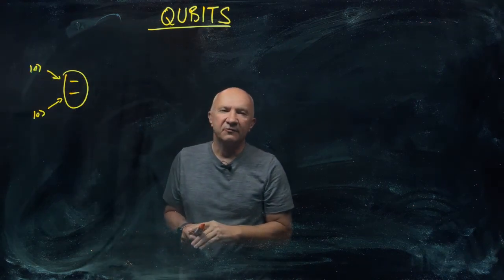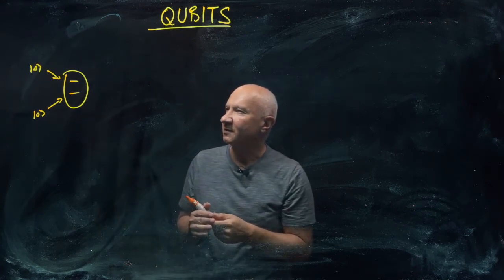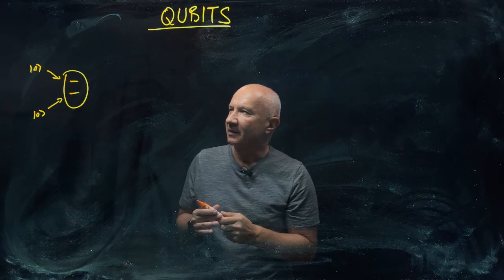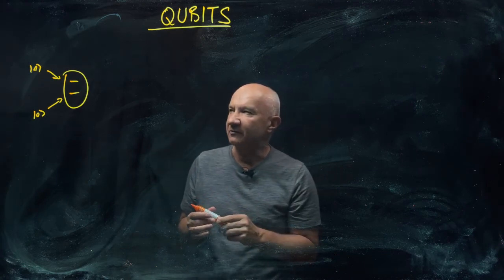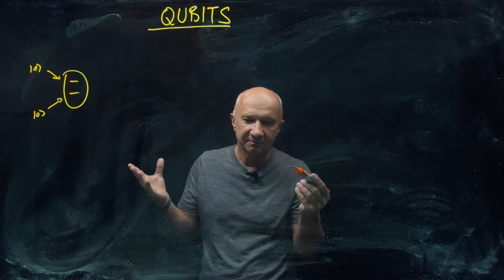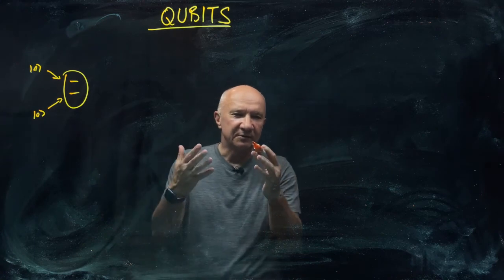So that's our one qubit, and we've been looking at one qubit, and I think you're probably bored by now, because you should know pretty much all there is to be known about the single qubit case. So welcome to a more interesting scenario. We can start adding qubits to our system.